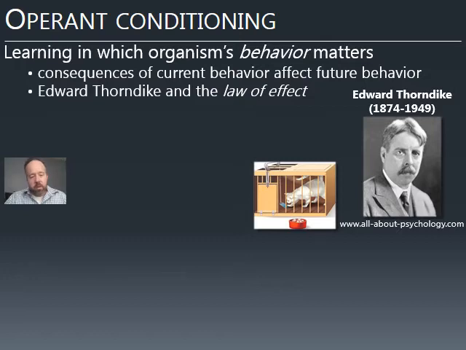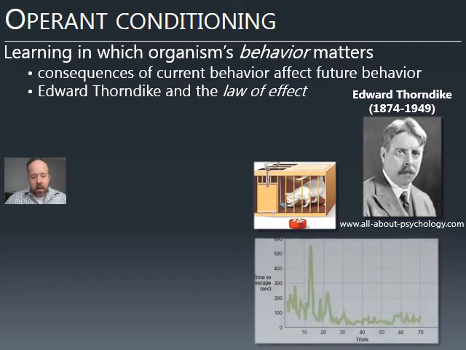And so the idea here was that at first the cat has no idea what to do. It has no connection between a behavior and the desired result. But what Thorndike observed was once it exhibited that behavior once, it was much quicker at exhibiting that behavior again on future trials. So it learned the connection between the behavior, pressing the lever, and the door opening, getting out.